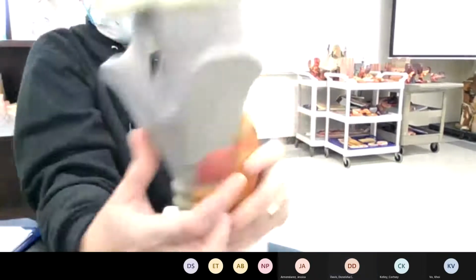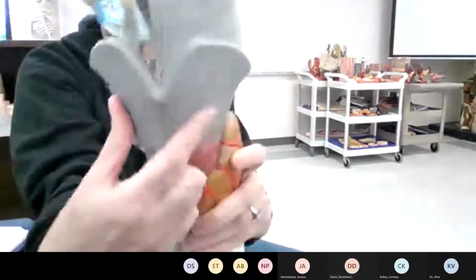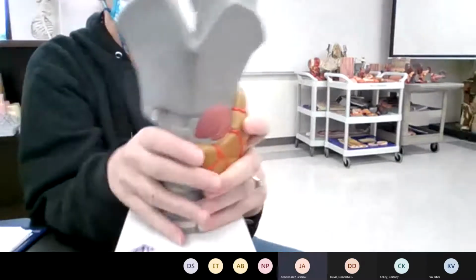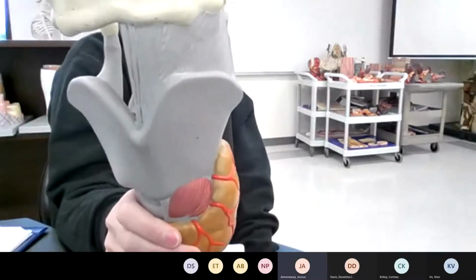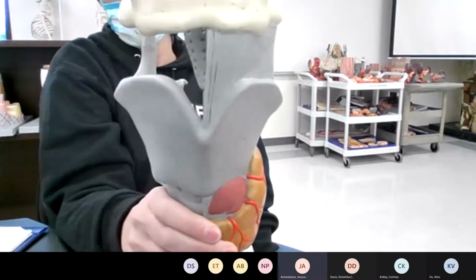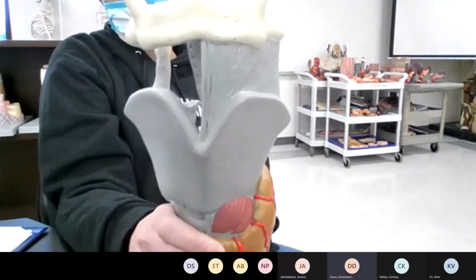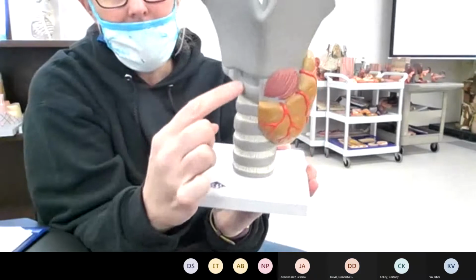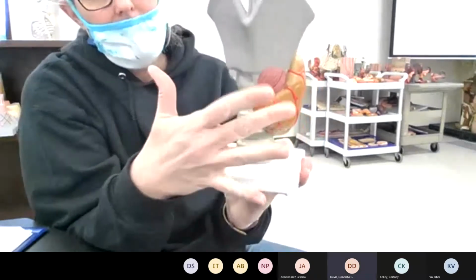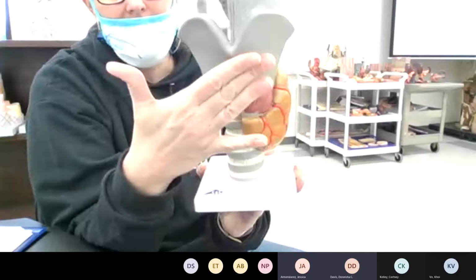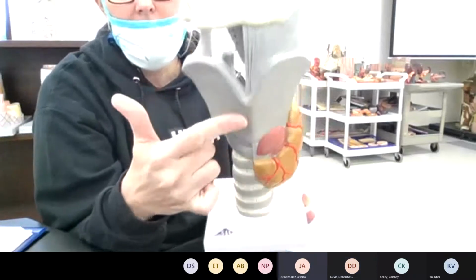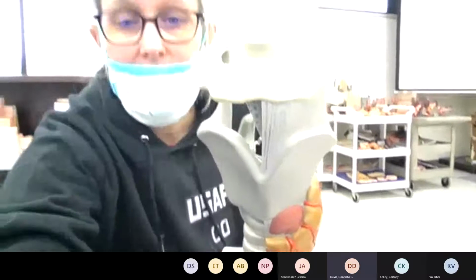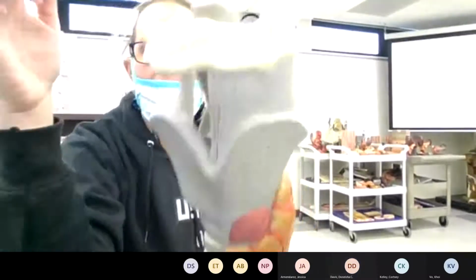What is this prominent, online people, what is this prominent piece of cartilage right here? Is it the carotid? The little Batman, the cricoid is right here. So this one is the one where the gland sits and covers part of it. So it would be your thyroid cartilage.